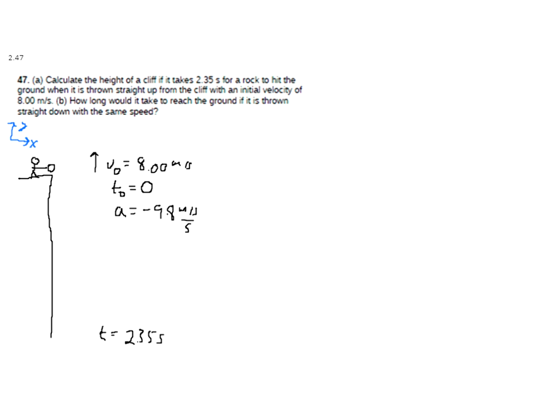So now we need to figure out where we want our 0 to be. So we have a decision to make, and we can look at what happens depending on the decisions here. So y0 equals, and calculate the height of the cliff.